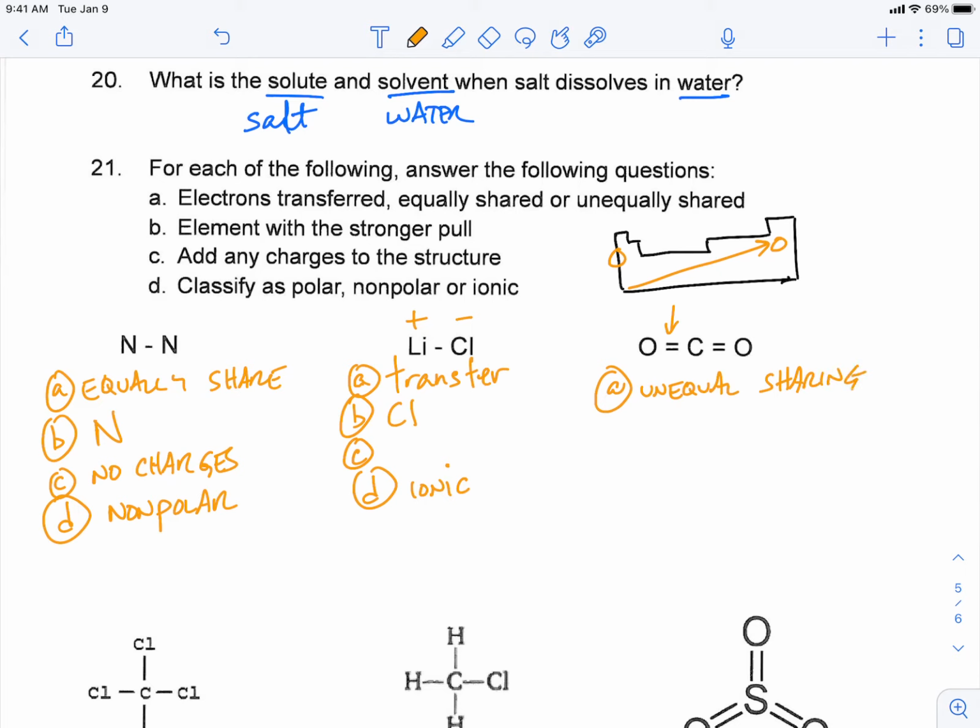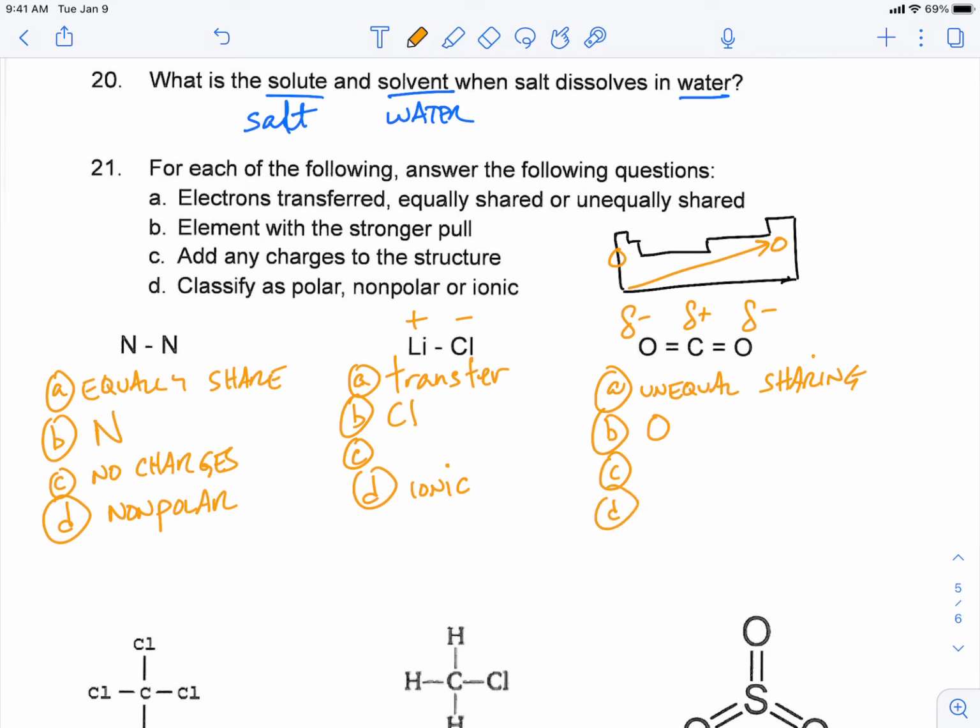Then we need to look at the trend and where these two elements are in the periodic table. Oxygen happens to be further to the right, so oxygen is more electronegative. That's the element with the stronger pull. Adding any charges here, if oxygen has a stronger pull, it's going to get a partial negative charge, and a partial positive on the carbon. The carbon-oxygen bond on the right-hand side of the molecule is the same, so I can add a partial negative there as well.